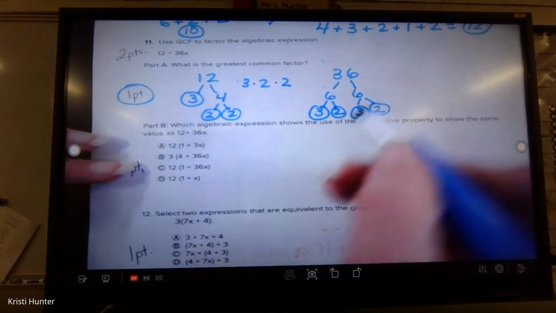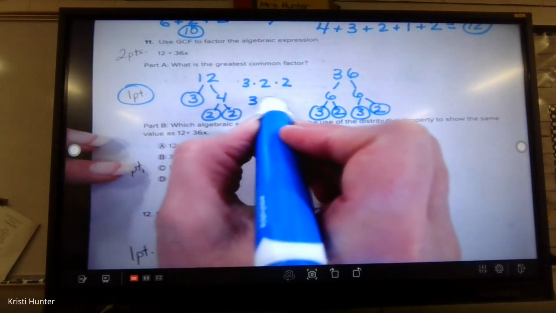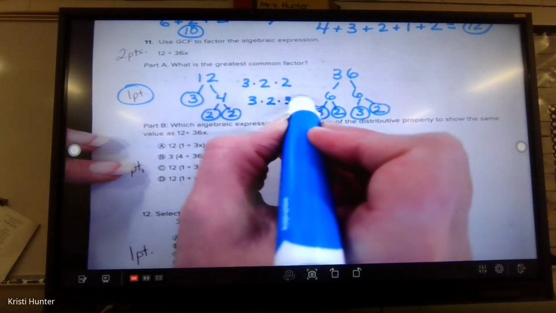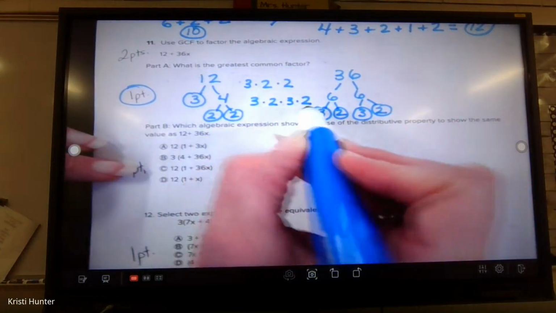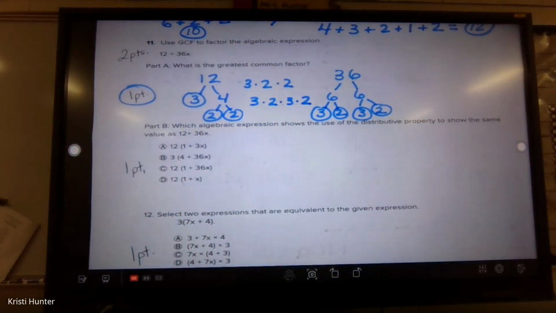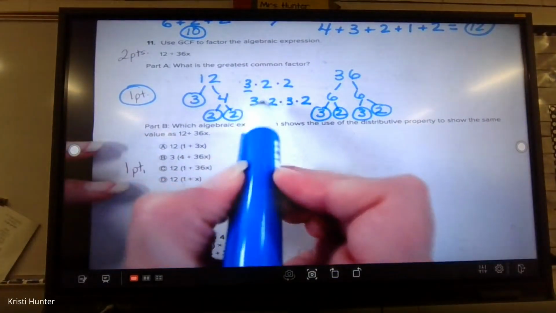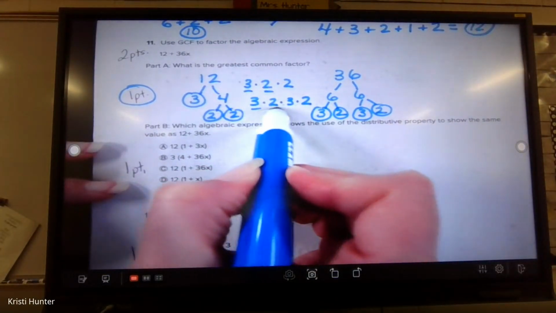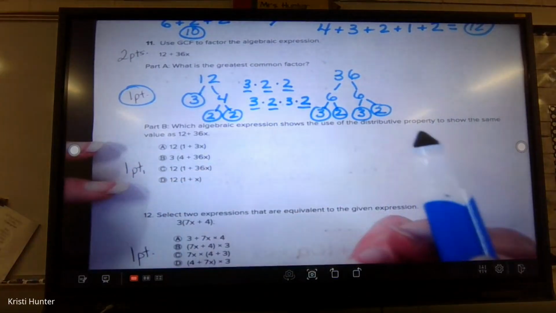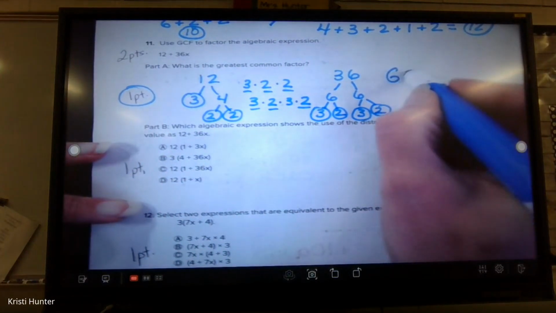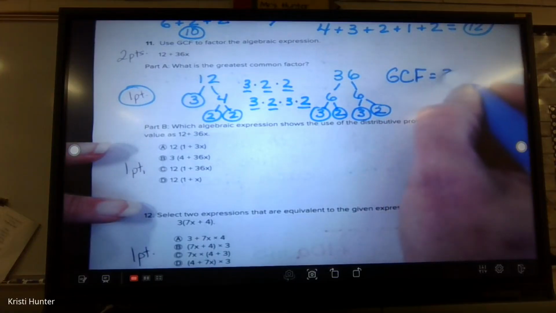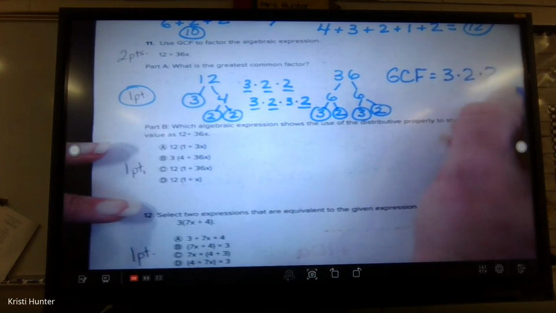Remember, it doesn't matter whether you use the same problems or not that I do. You should get the same factor list at the end. We see they both share a 2, they share a 3, and they share another 2, which means my greatest common factor is 3 times 2 times 2, which is 12.